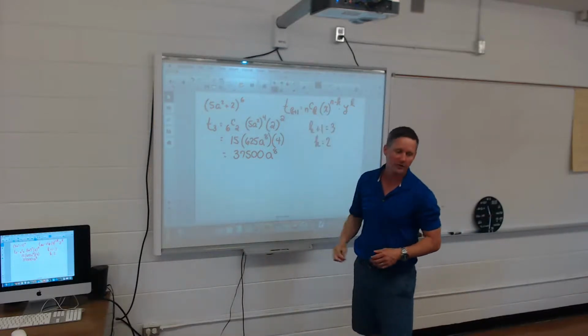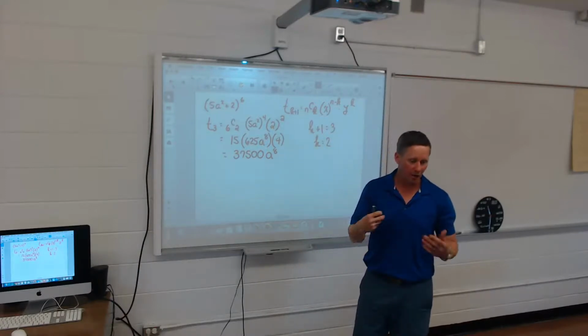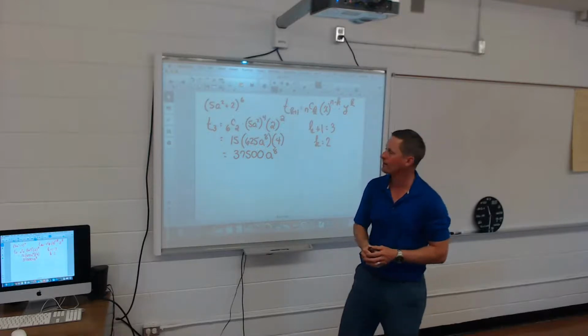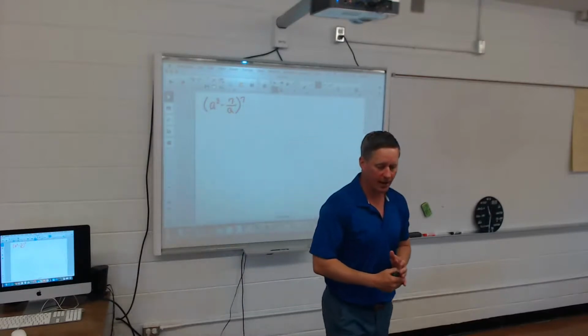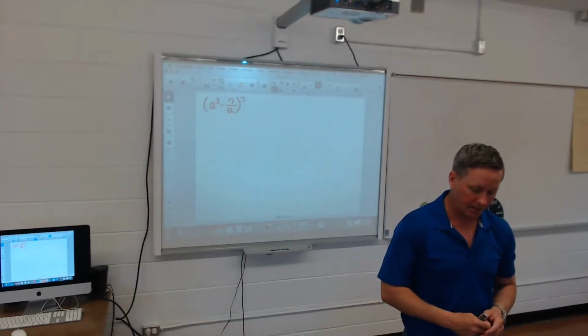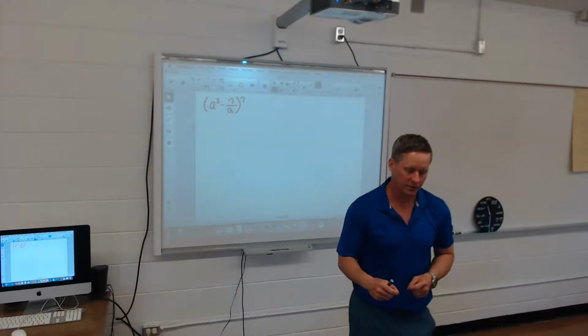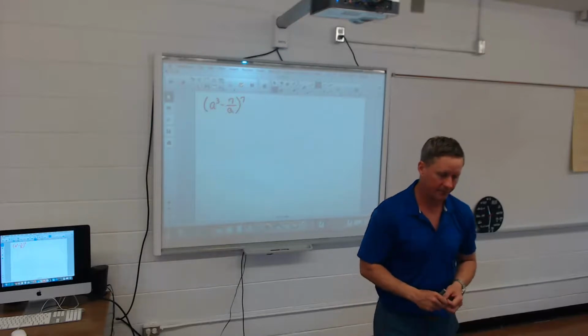If I know the term, I can just simply use this general term to help me find out what the actual term value is that they're looking for. But in the C part, I don't know the term value, but what I do know is that it wants the variable to have an exponent of 5 on it.